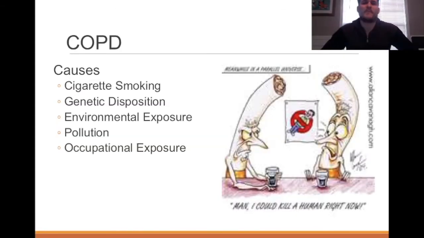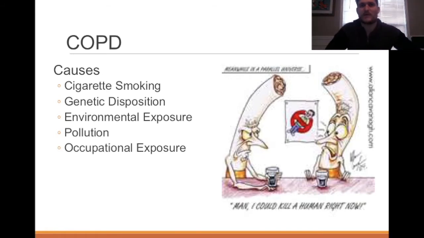There are many underlying conditions that can cause COPD, but the number one cause of chronic obstructive pulmonary disease is going to be cigarette smoking. That's why, as health professionals, it should be one of our top priorities to get clients or patients to stop smoking, because it causes a lot of damage in our lungs and can lead to poor quality of life as we get older.